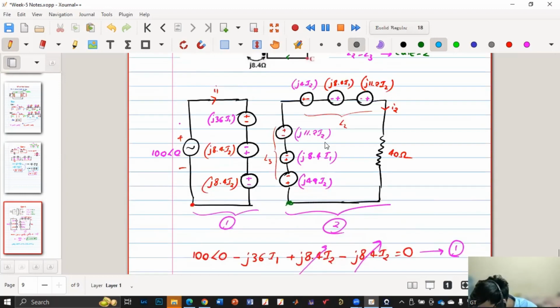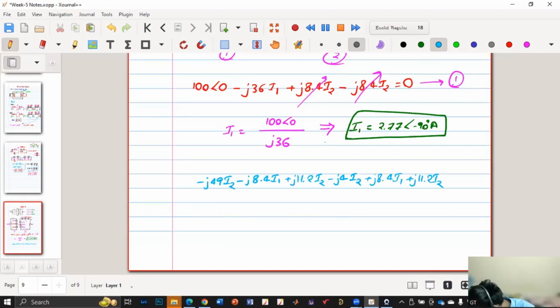And then the resistor is a decrement, so minus 40 I2 is equal to 0.